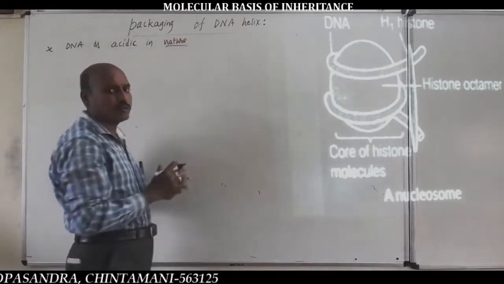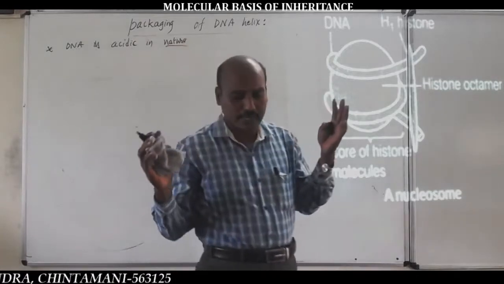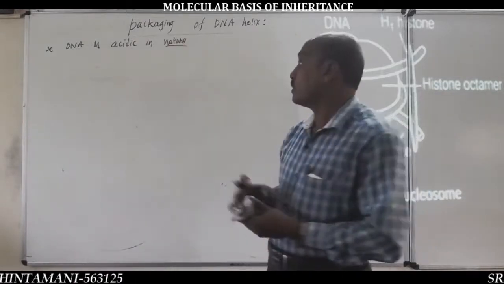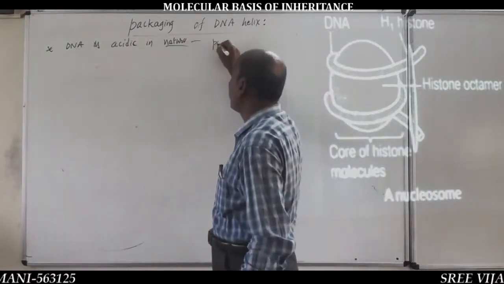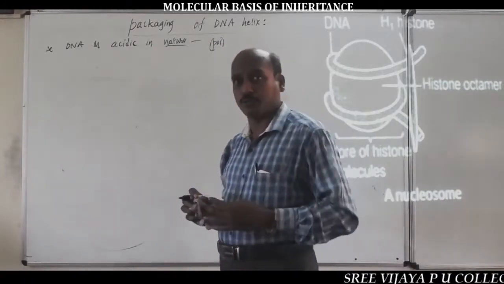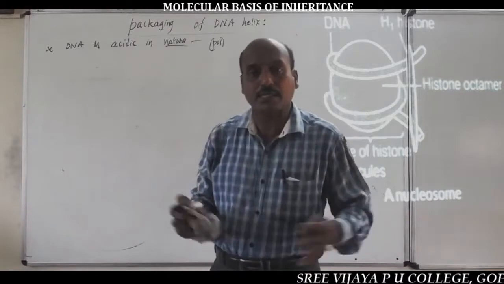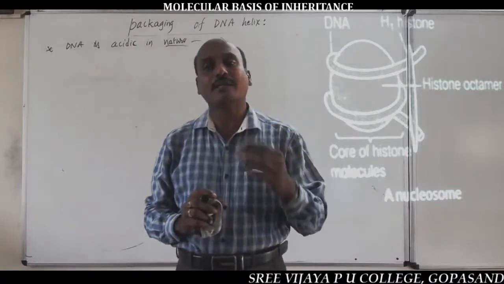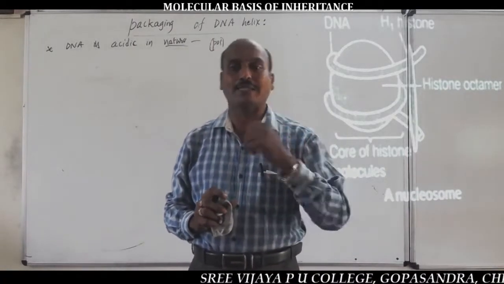Because we already know the concept of the acidic nature of DNA due to the presence of phosphate functional groups. More phosphate functional groups, more orthophosphoric acid, since double stranded DNA is acidic in nature.